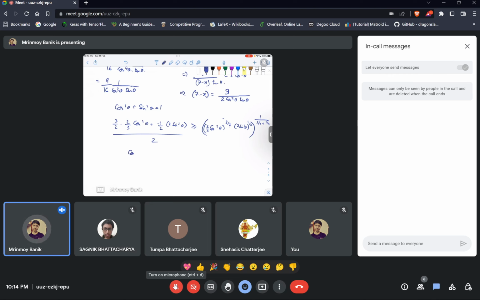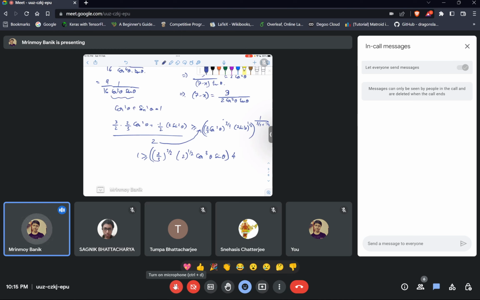So cos squared theta plus sin squared theta is 1, which is greater than or equal to 2 by 3 power 3 by 2 times 2 power half cos cube theta sin theta. This whole thing times 4. So this 2 comes up here and now we are finally taking square on both sides.